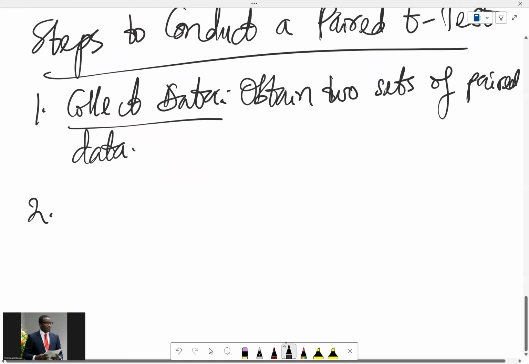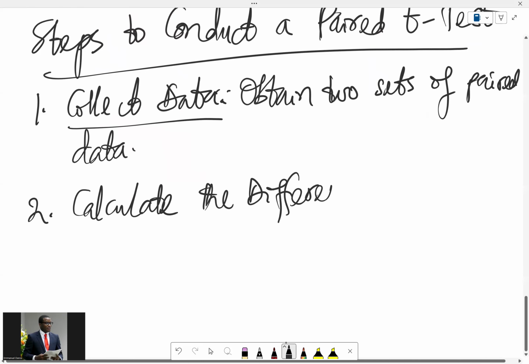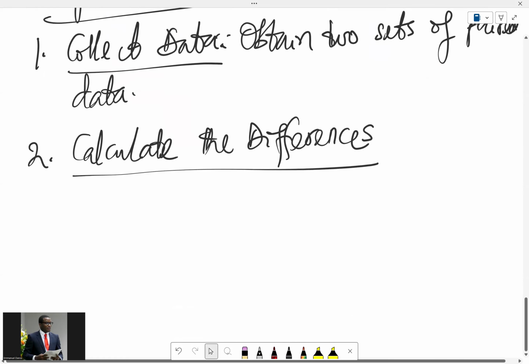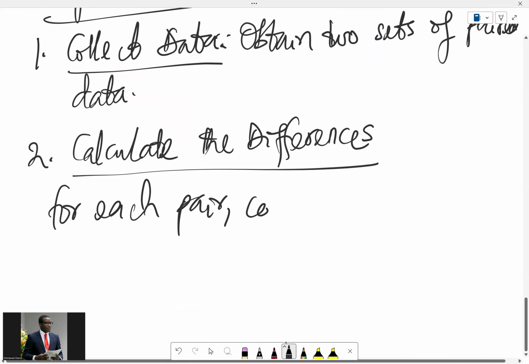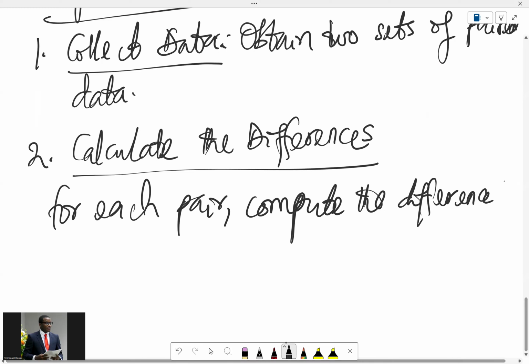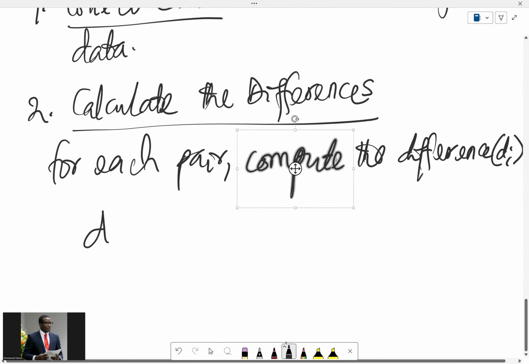Two would be to calculate the differences. You need to calculate the pairwise differences. For each pair, compute the difference, which you can call d sub i. So d sub i is equal to x2i minus x1i.